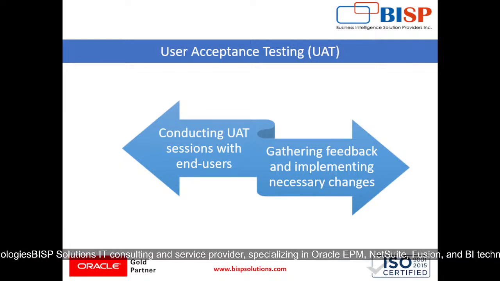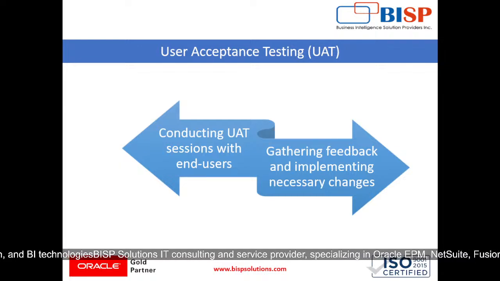So key steps included in user acceptance testing are: it provides training and test scenarios to end users, it allows users to perform real world tasks within the system only, and it also monitors and documents any issues or deviations from expected behavior.